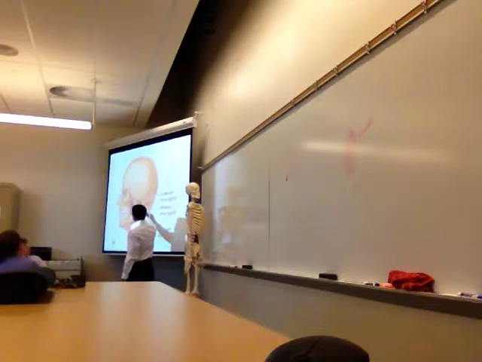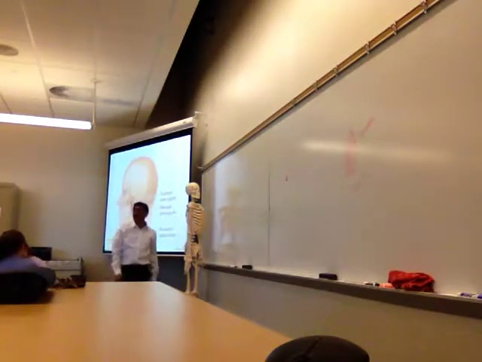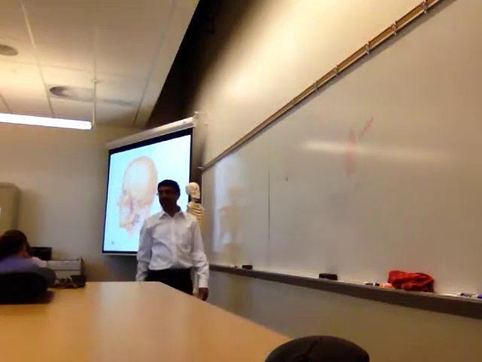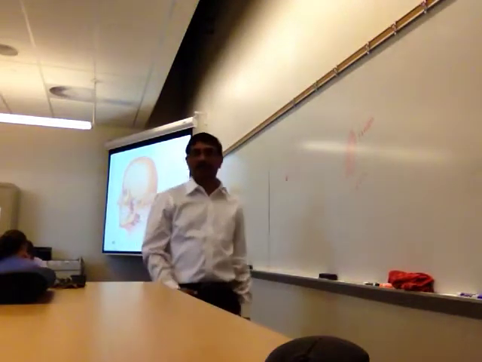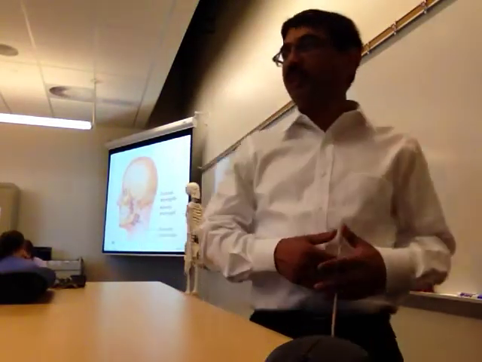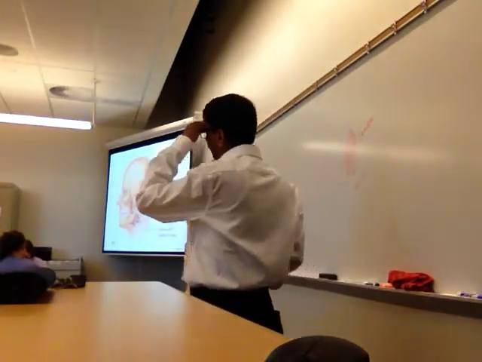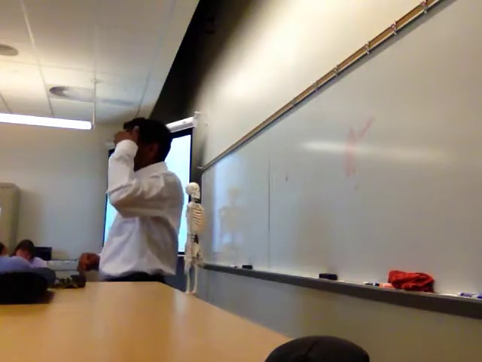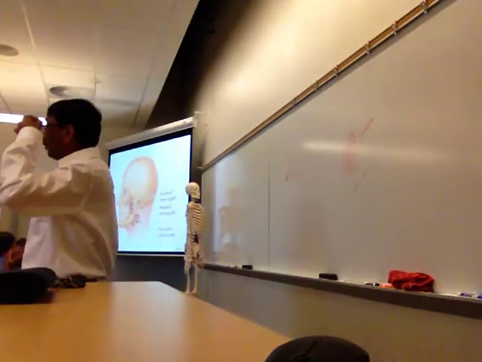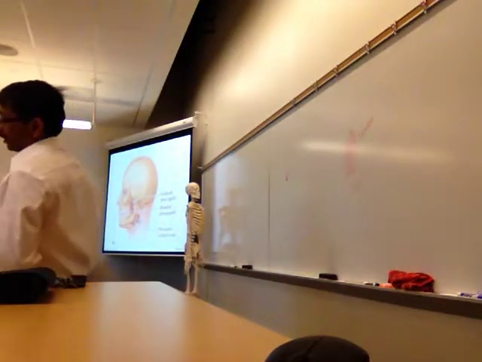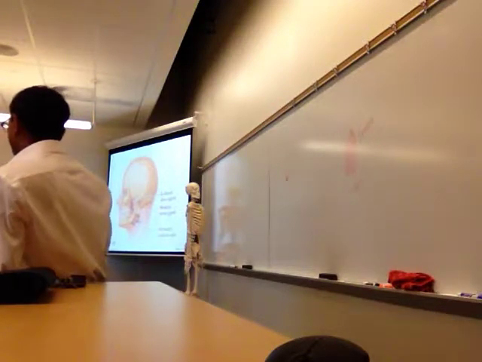Those four muscles, lateral and medial pterygoid, temporalis and masseter, are called muscles of mastication. I may ask you in the test which four muscles are called the muscles of mastication. So you need to know those four muscles.